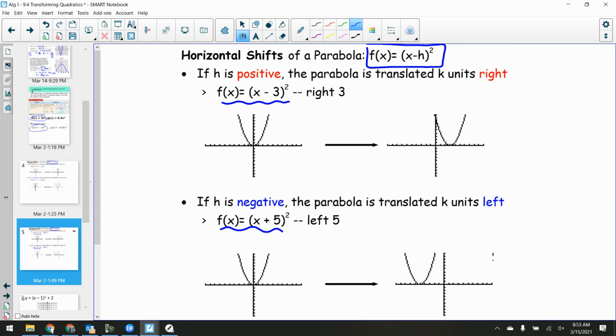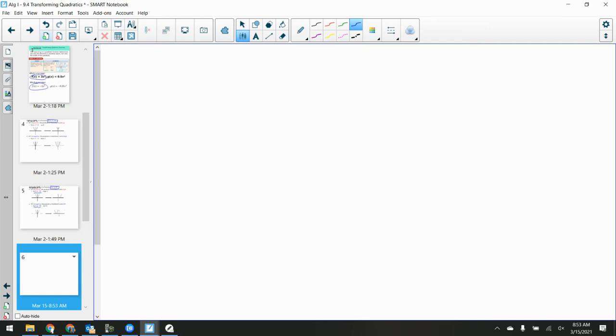On the space provided on the right side, I just want to put a couple extra examples. So what if I had f of x is equal to, let's say, x plus 6 squared. What would that do? What type of transformation would that do?